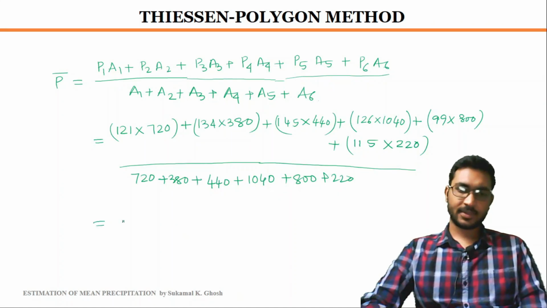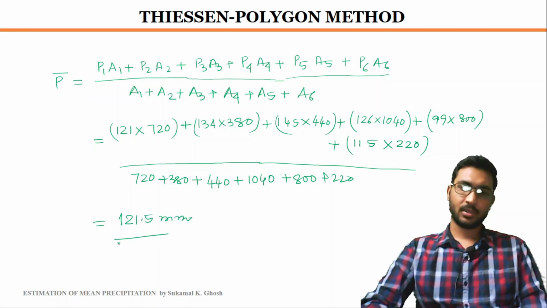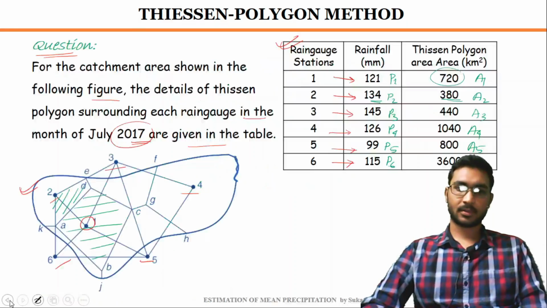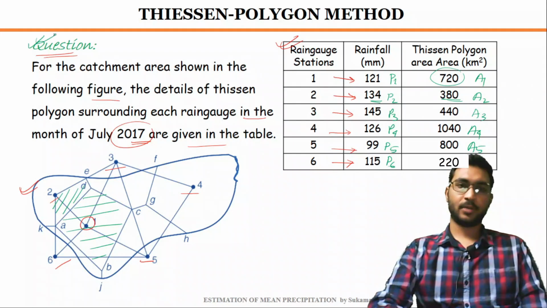If you solve this, you will get 121.5 mm. So this is the value of mean precipitation using the Thiessen polygon method for this particular problem.